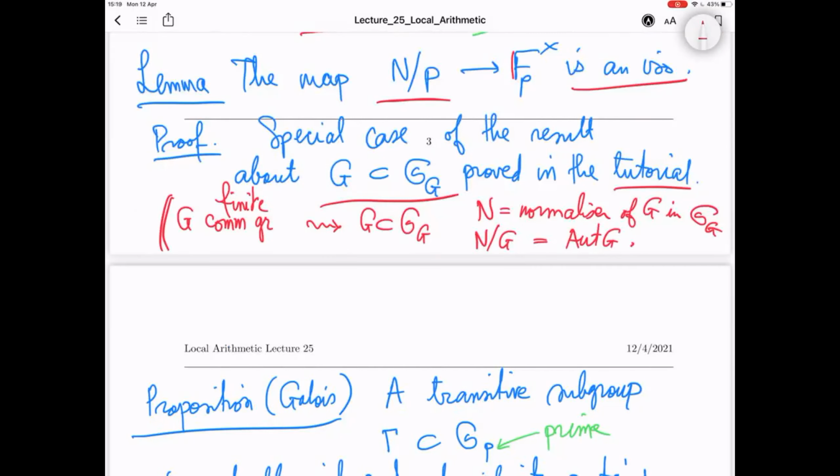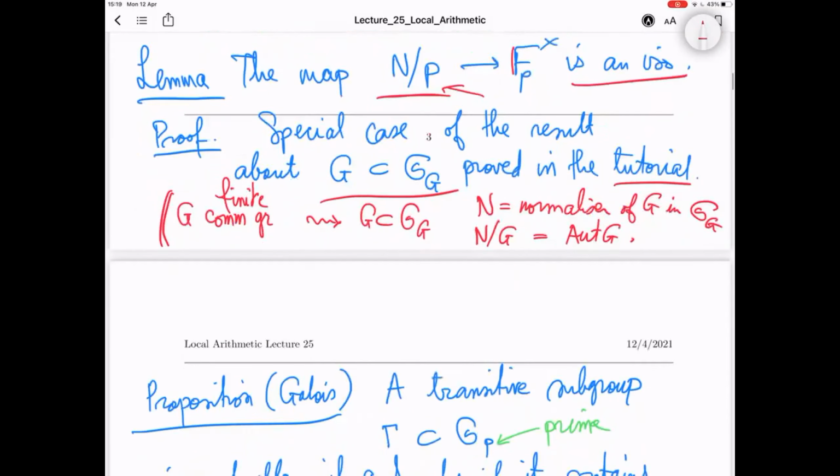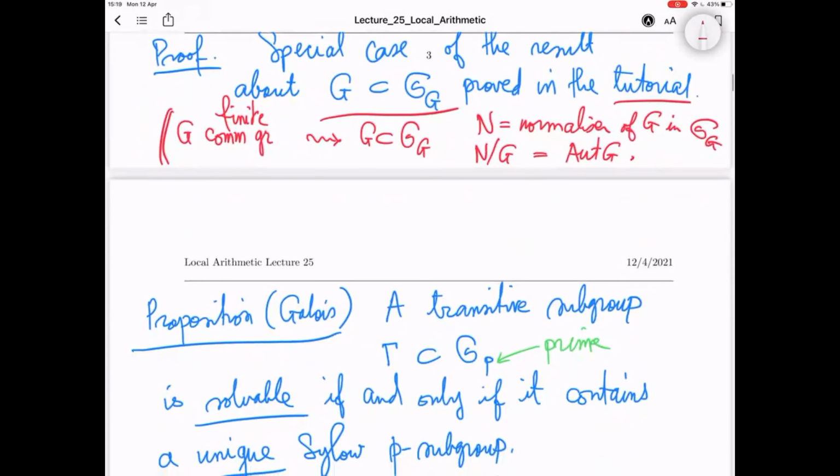And I'm just using the special case when this group G is equal to my group P, when G is cyclic of prime order P.